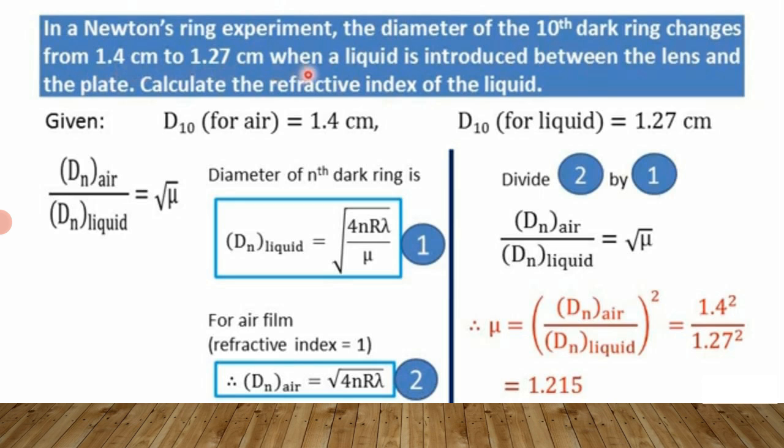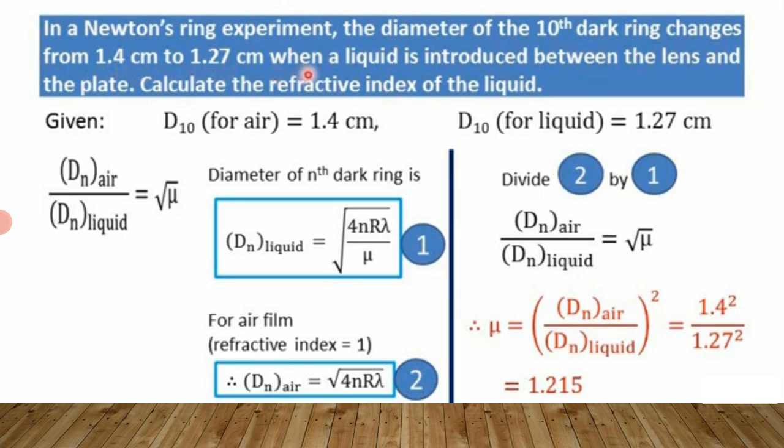D10 for air is equal to 1.4 cm. What is given? D10 in air is equal to 1.4 cm. Then what is the formula? D means diameter, Dn air upon Dn liquid is equal to under root mu.